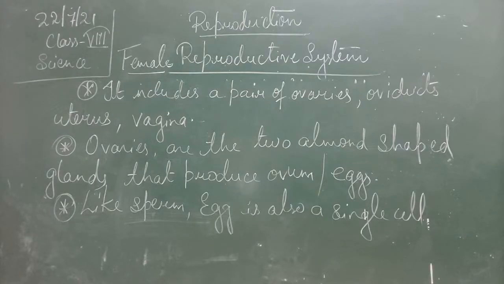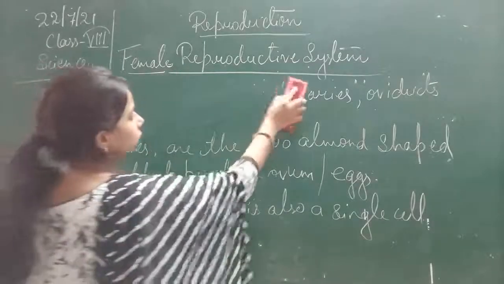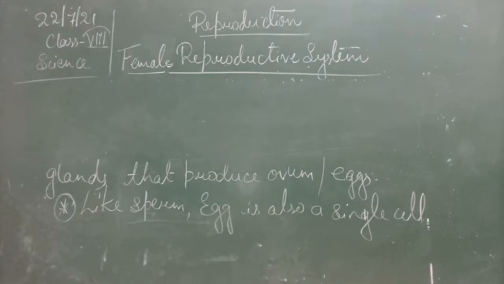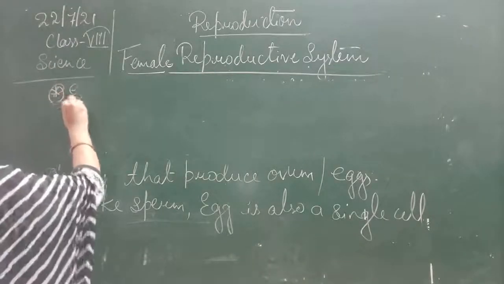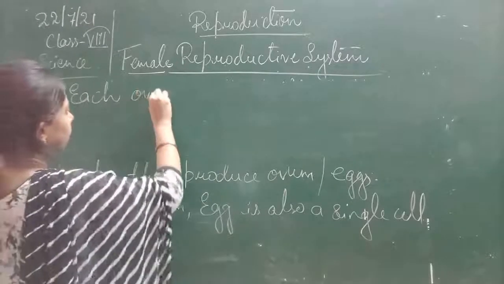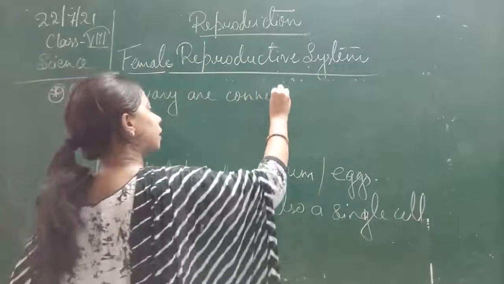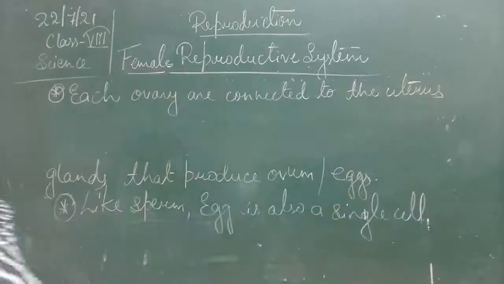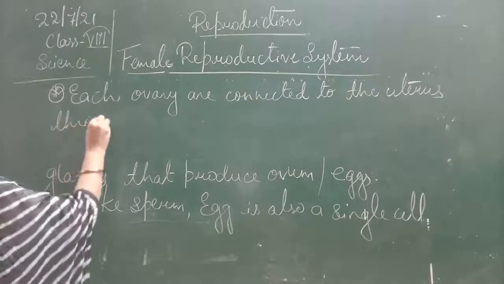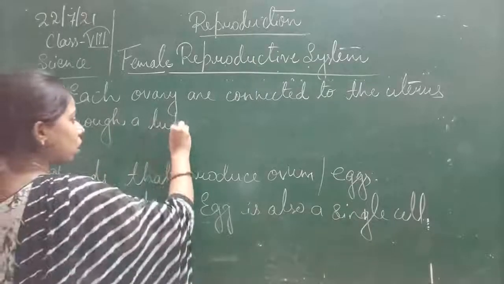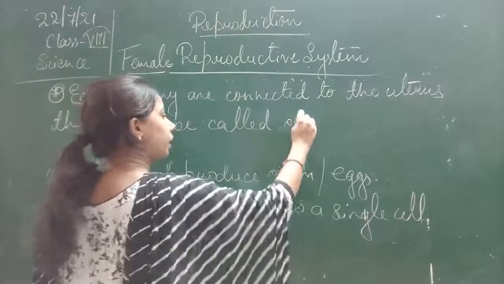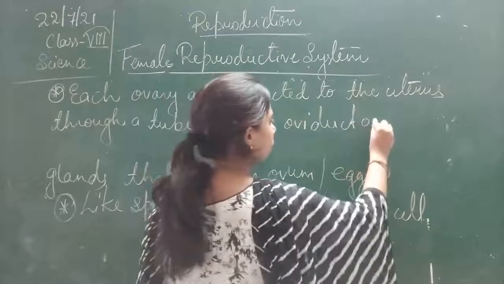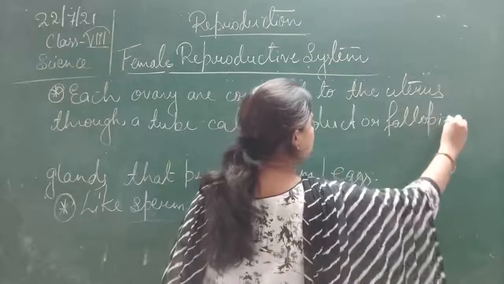Now each ovary is connected to the uterus through a tube called the oviduct or fallopian tube.